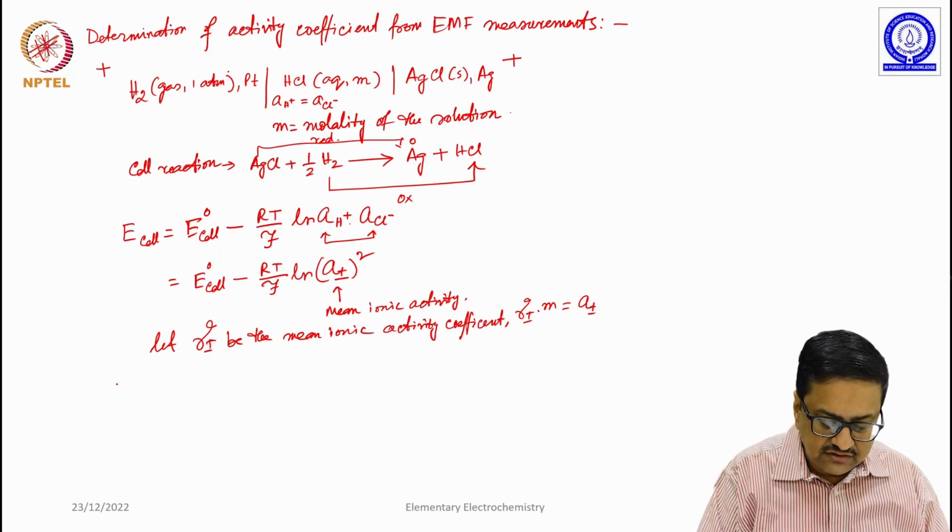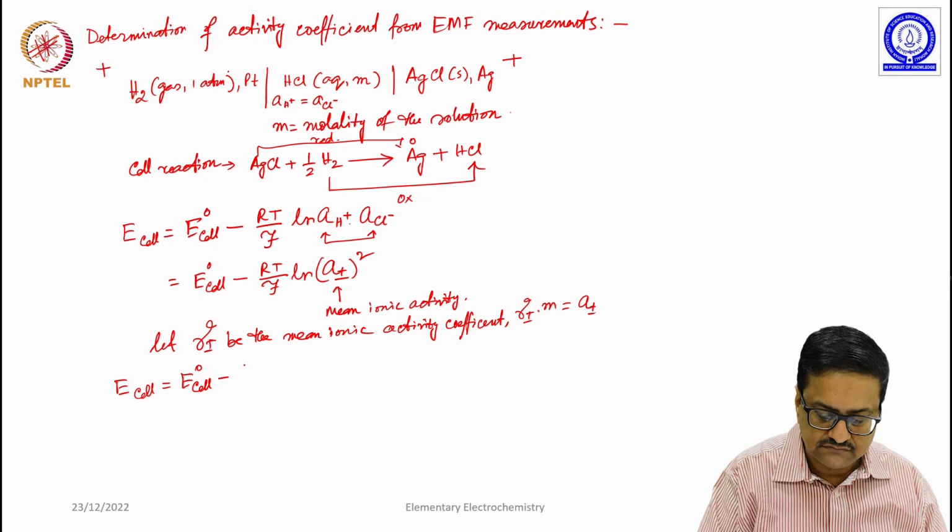So when you replace it in this equation, E cell is equal to E0 cell minus RT by F ln of gamma plus minus into m, whole square.